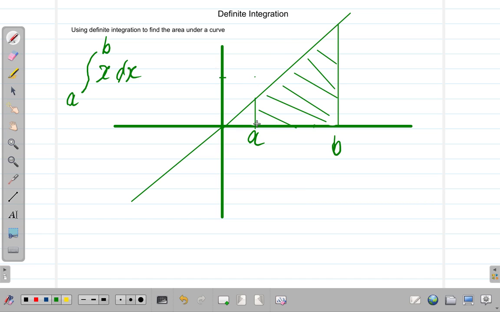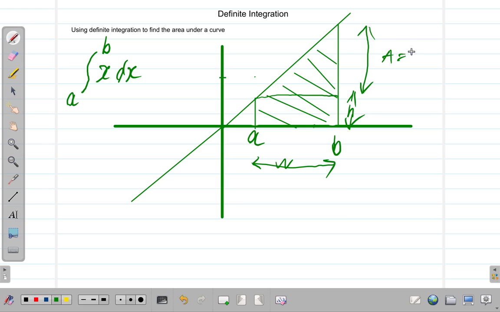For example, you could cut this into two shapes, a triangle and a rectangle. Find the height of the rectangle, multiply by the width, from A to B, that's the area of the rectangle. Then the vertical height of a triangle by the width, and half.